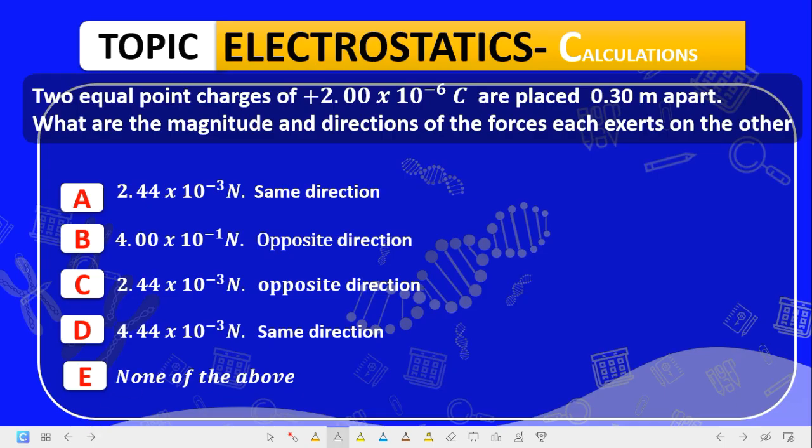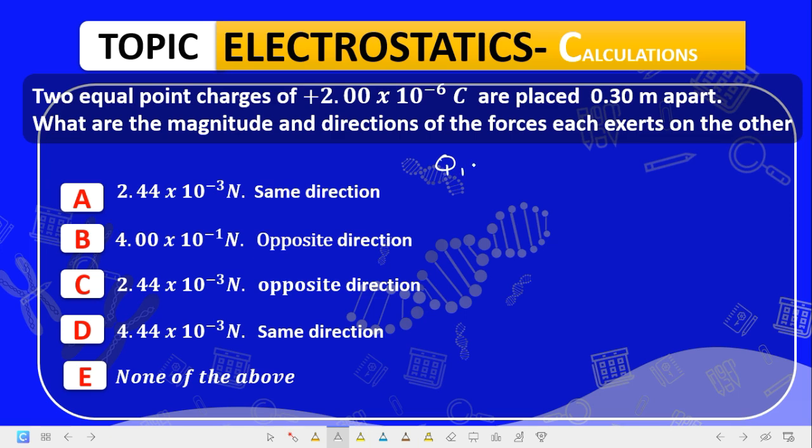Now, you have another question. Two point charges of plus 2.0 microcoulomb are placed 0.3 meter apart. What are the magnitude and direction of the forces each exerts on the other?